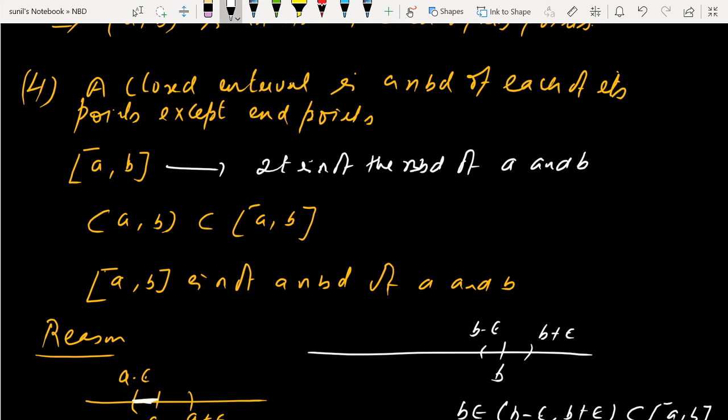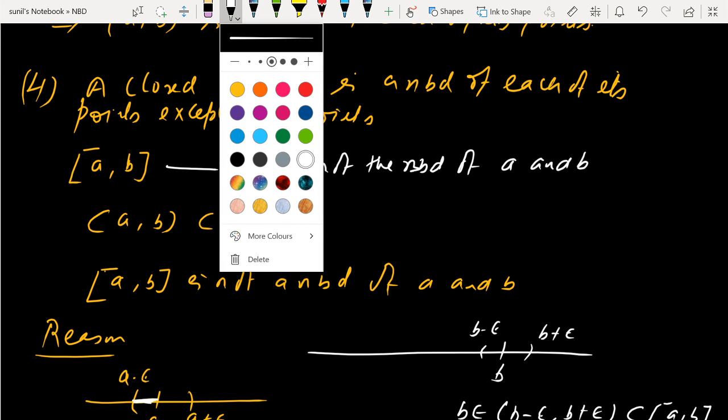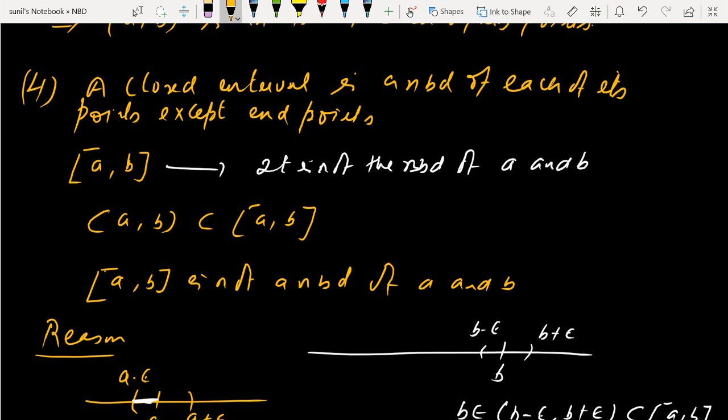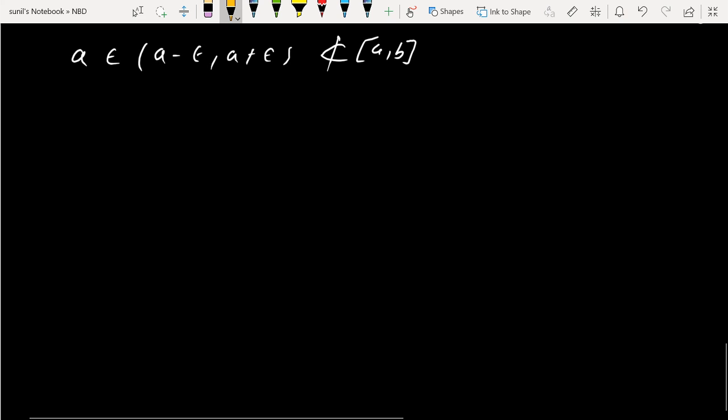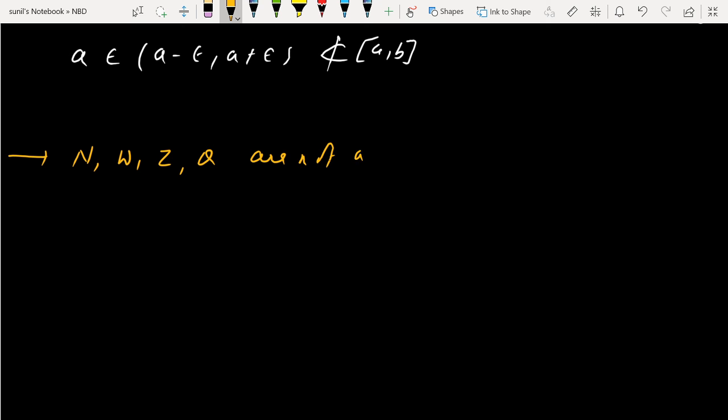So now I am concluding. I am giving you some examples. The set N of natural numbers, whole numbers, integers, and even the rational numbers are not a neighborhood of any of its points.